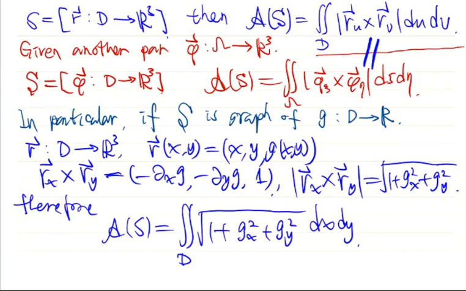Now we consider an example. This example will further justify our definition. Because we have defined the area of a surface, we should apply our definition to some well-known surface. For example, the sphere.